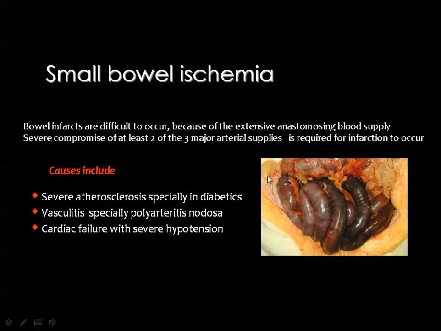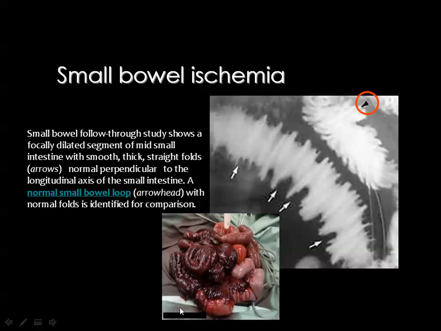If there is severe compromise of two of the three major arterial supplies, then ischemia and gangrene may result. This may be due to severe arteriosclerosis, as in diabetics, and vasculitis, especially polyarteritis nodosa, and severe hypotensive attacks due to cardiac failure.